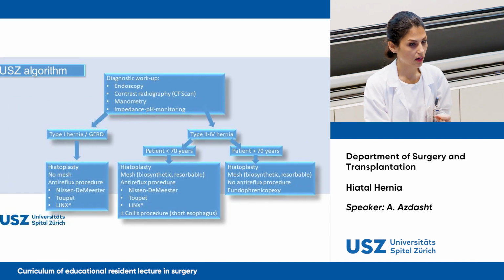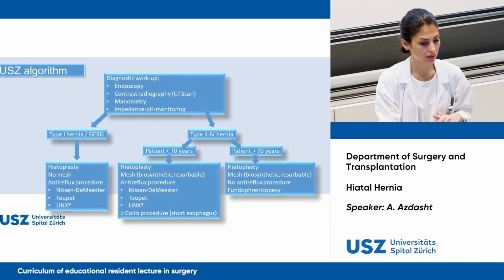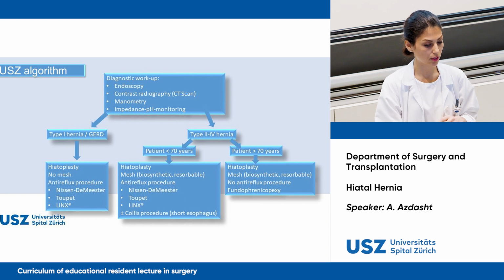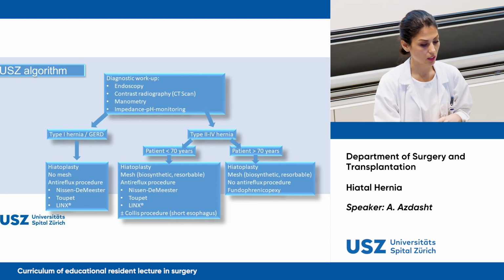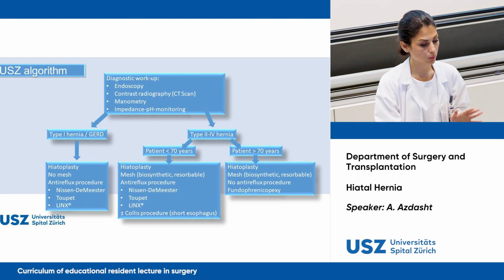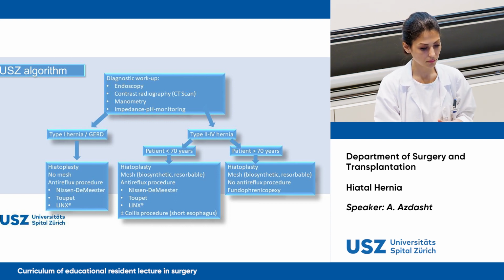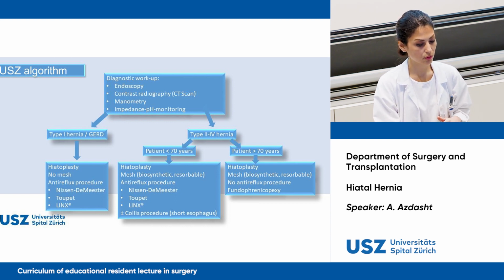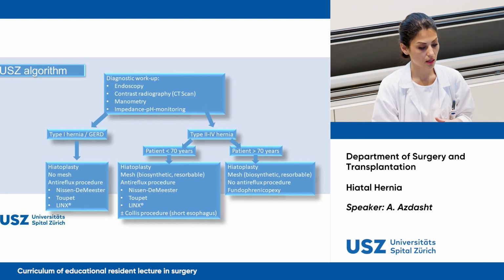So here at our clinic, after the complete diagnostic workup in type 1 hernias with GERD, we go for hiatoplasty. We don't need any mesh, but we do an anti-reflux procedure. This can be either Nissen, Toupet, or the links. And for type 2 to 4 hernias, for bigger hernias, we go for patients under 70, also with hiatoplasty.